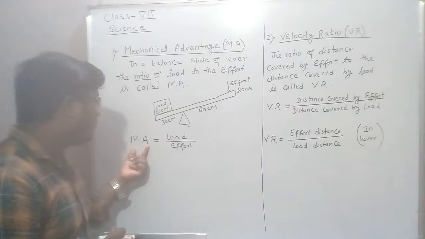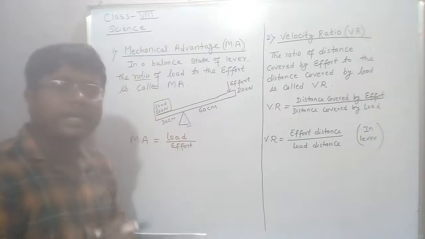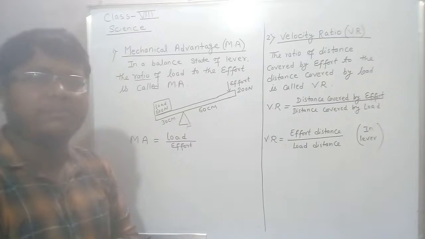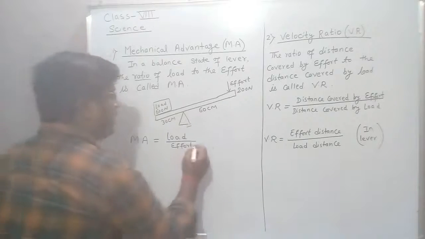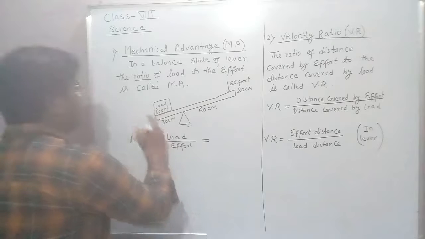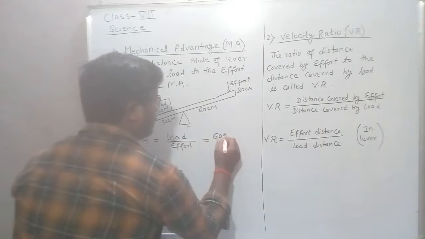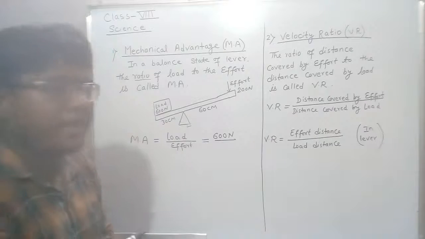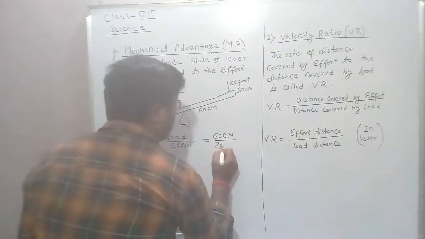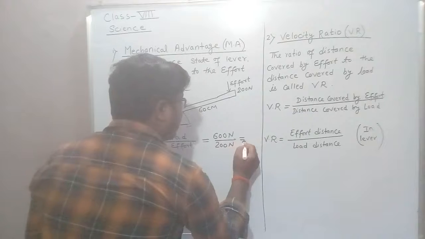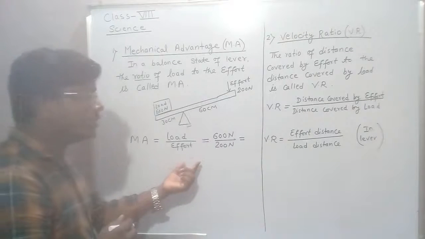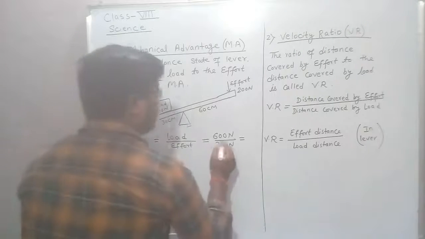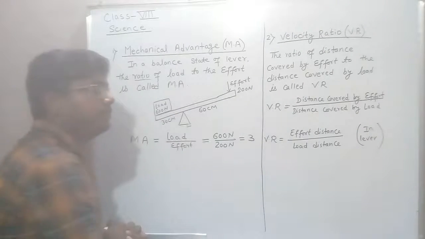Mechanical advantage is the ratio of load to the effort. It tells us how many times an effort is multiplied. So here, what is the load? 600 Newton. And how much effort is applied? 200 Newton. So if we cancel, it is a ratio, so it will not have a unit because the units are cancelled. We got 3.